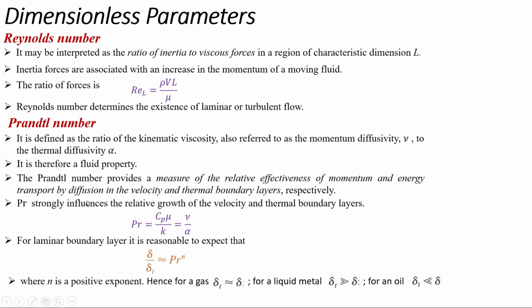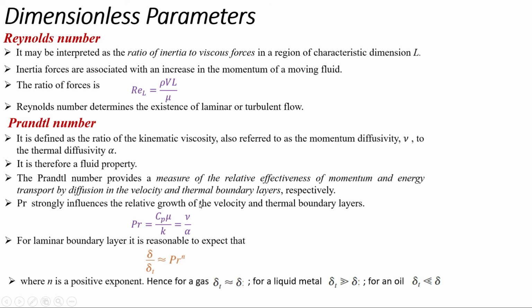But remember, Prandtl number is simply the ratio of kinematic viscosity to the thermal diffusivity. Kinematic viscosity is also referred to as momentum diffusivity, and both momentum diffusivity and the thermal diffusivity are fluid properties. So Prandtl number is a fluid property, and it is equal to nu over alpha.